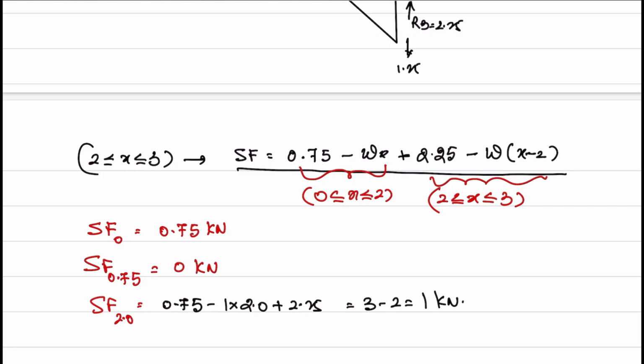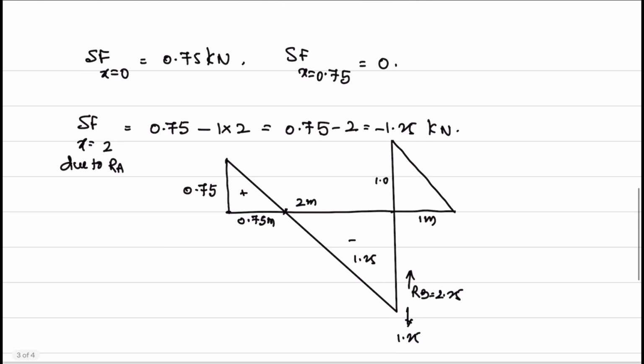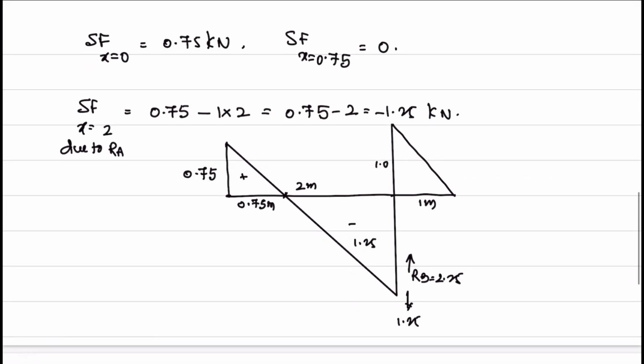When you take the reaction force at B, when RB is considered, this minus 1.25 when RB is not considered.